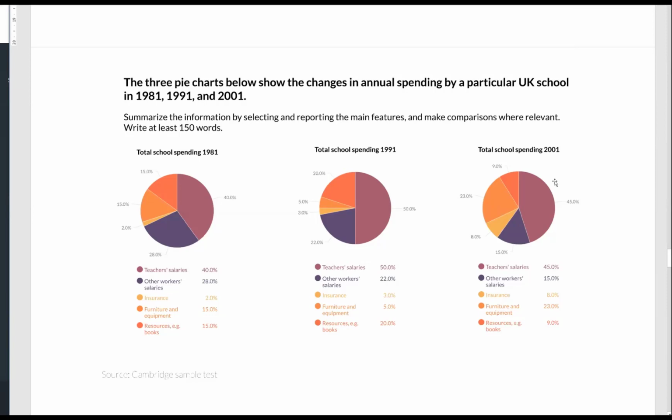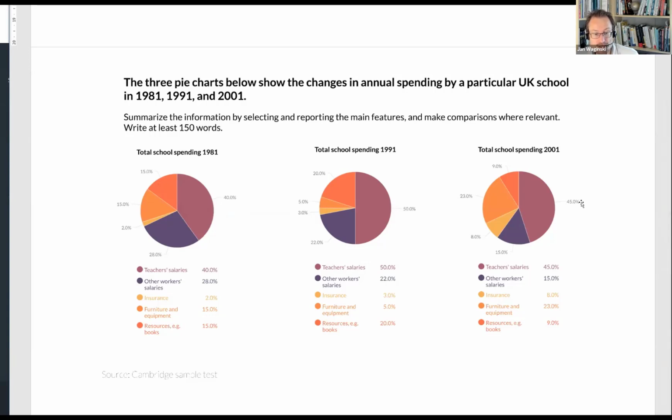Only 5%. But look, this doesn't tell us what their actual budget was. So, as one scenario, if their budget kept increasing, then the spending on teachers' salaries might decrease just because the organization's budget is higher.